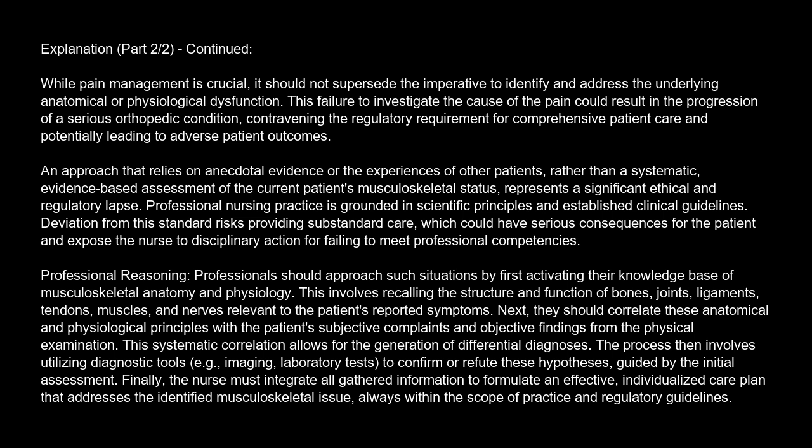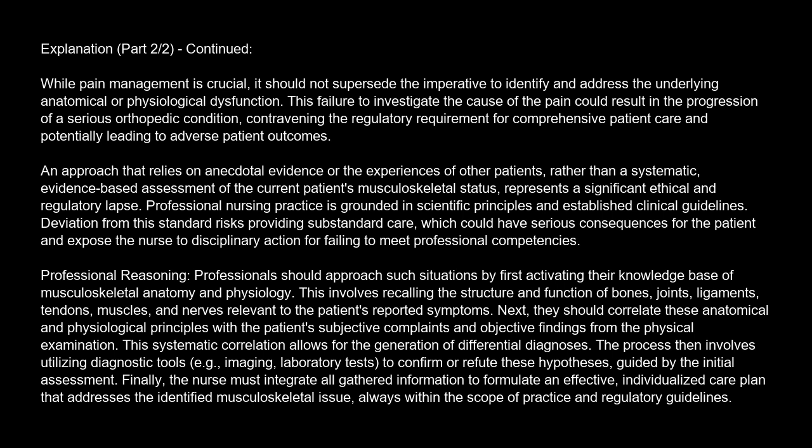Professional reasoning. Professionals should approach such situations by first activating their knowledge base of musculoskeletal anatomy and physiology. This involves recalling the structure and function of bones, joints, ligaments, tendons, muscles, and nerves relevant to the patient's reported symptoms. Next, they should correlate these anatomical and physiological principles with the patient's subjective complaints and objective findings from the physical examination.